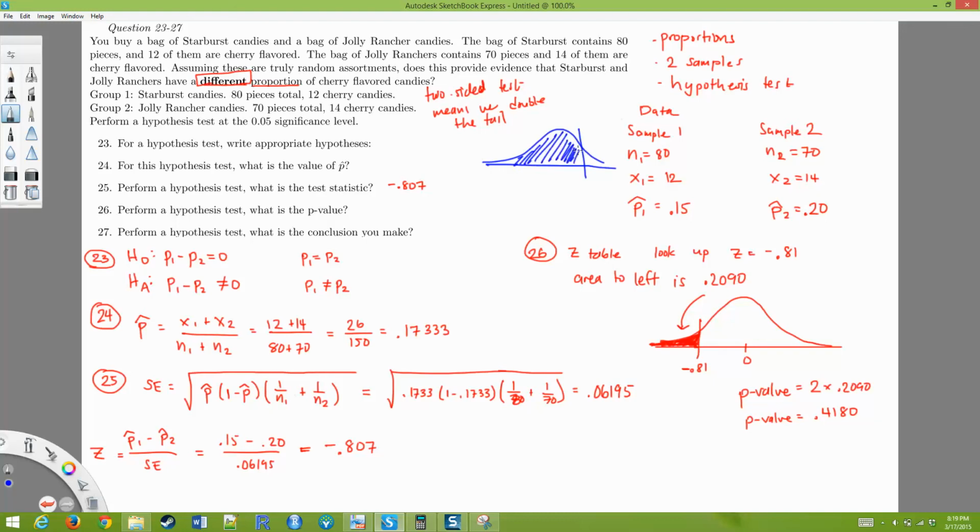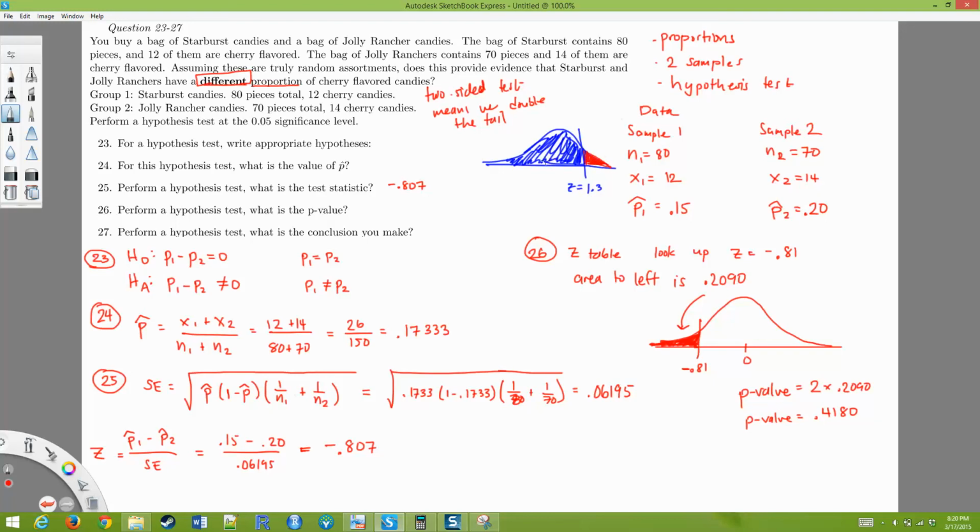Let's say our z-score ends up being positive 1.3. Remember, the table always gives you the area to the left, so when you look up positive 1.3, the area that you get to the left is going to look like this. Is this the tail or not? This is not the tail. So if you want the tail, you'd have to subtract this from 1 to get the area to the right, and then that would be the tail.